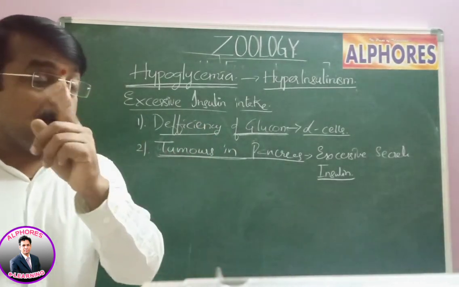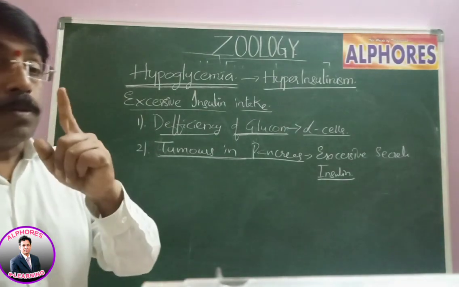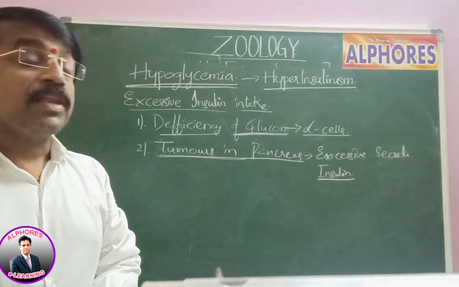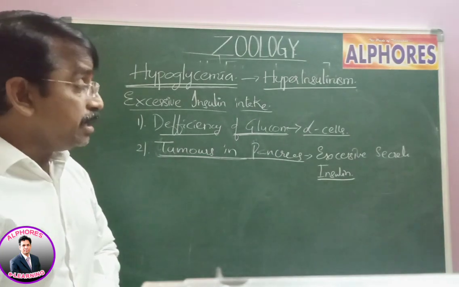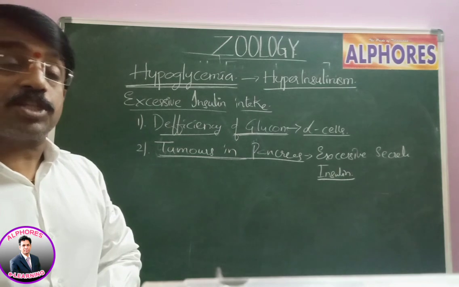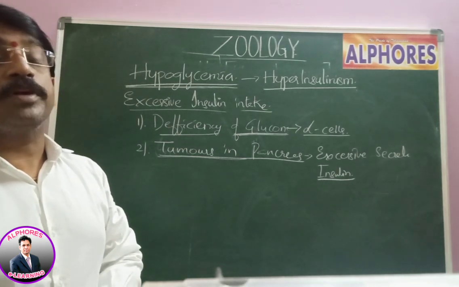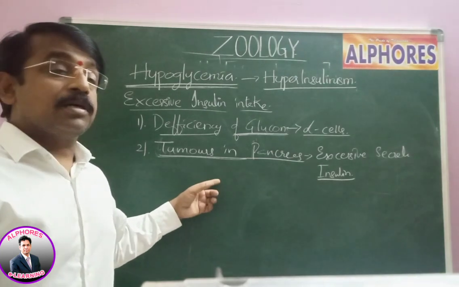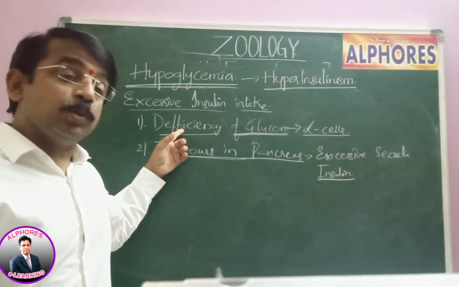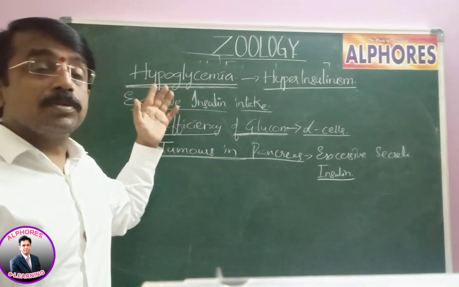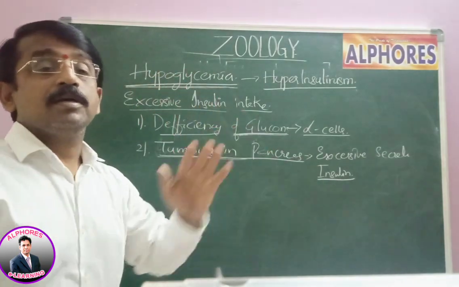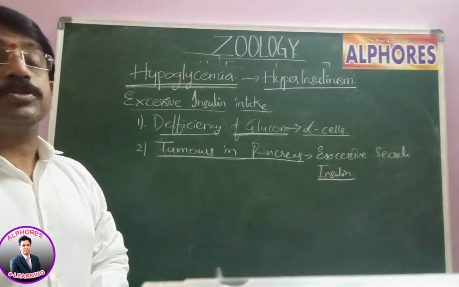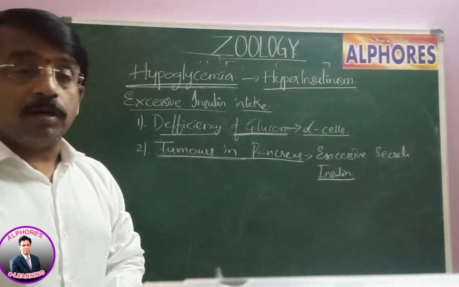One point to remember is that glucose is the only nutrient that the brain takes. So insulin is excessively secreted, such that glucose is excessively converted into glycogen. So glucose availability does not exist. That's what leads to insulin shock.